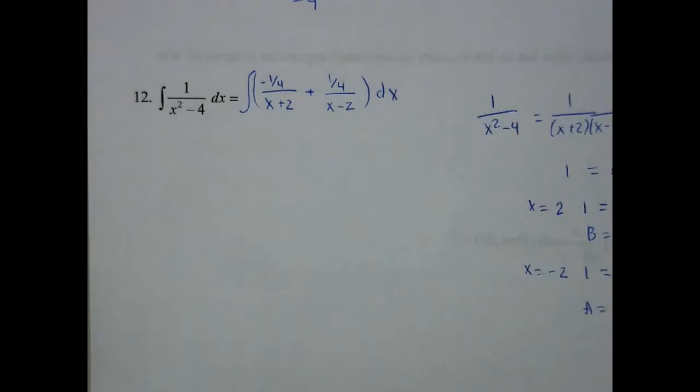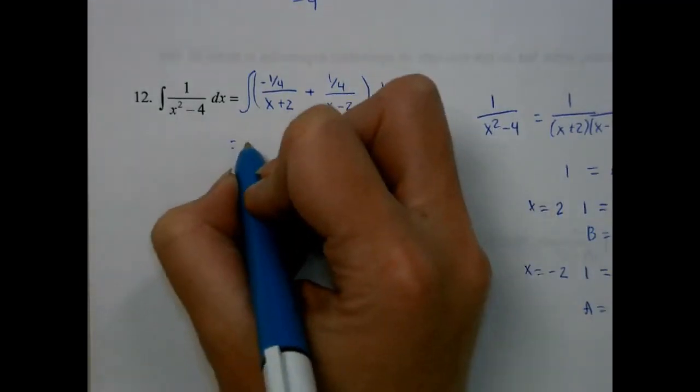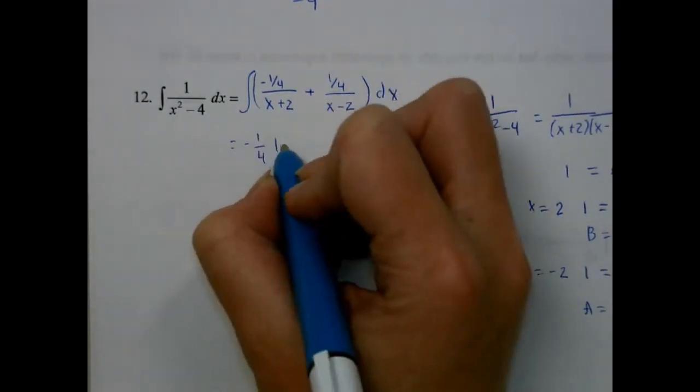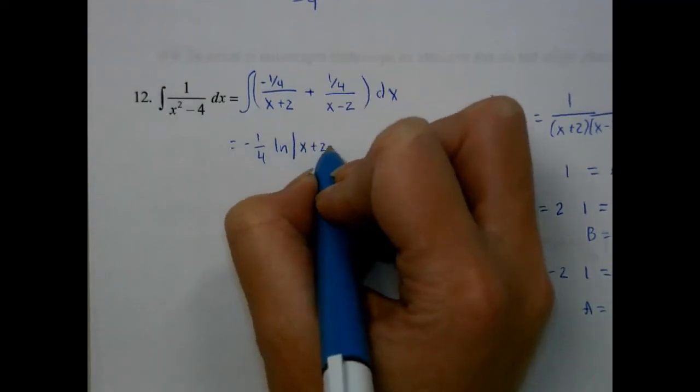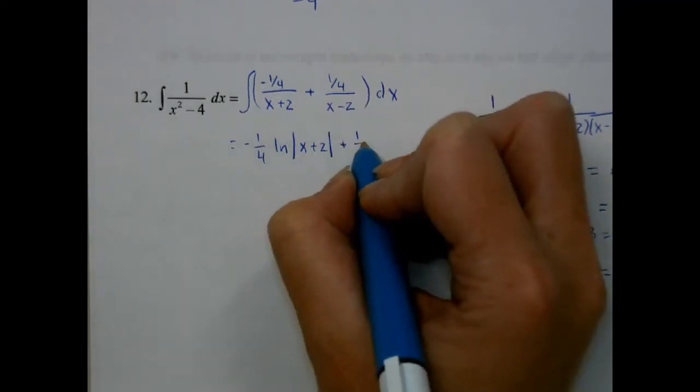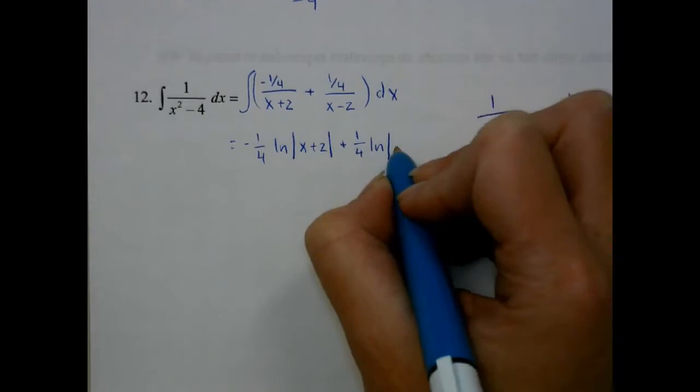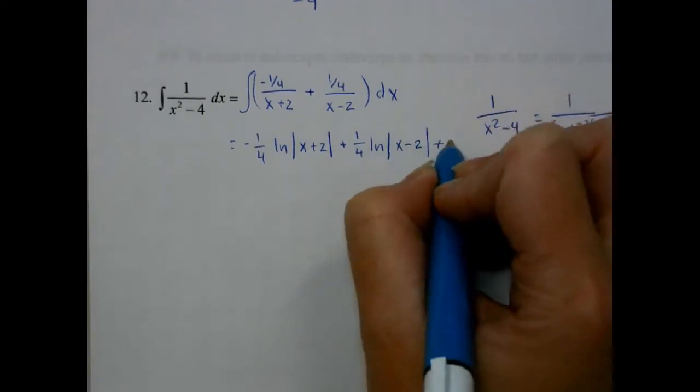So those are our integrals. So this will be negative 1/4 ln x plus 2 plus 1/4 ln x minus 2 plus c.